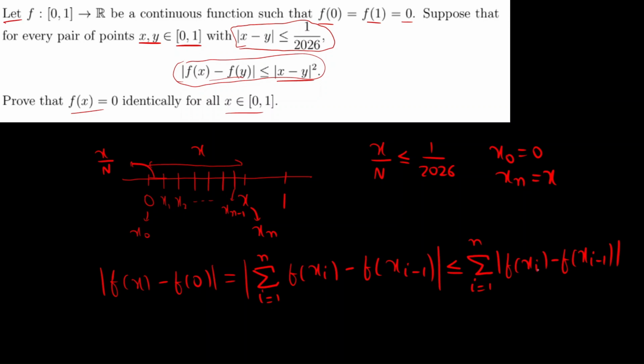Now since the difference between each xi and xi minus 1 is less than or equal to 1 by 2026, we can use this property.